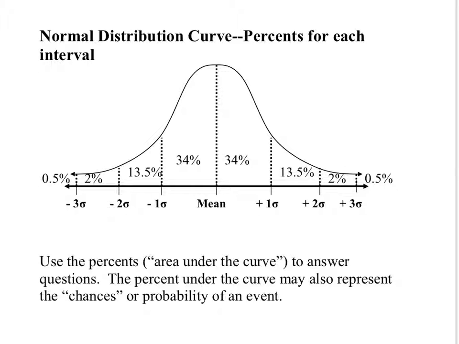Usually, for normally distributed data, we draw a curve to help us get a better visual or make more sense of our data. So using our 68% here from marker 1 to marker 1, you can see how we have a big part of the curve. It looks like a hump or a mountain.